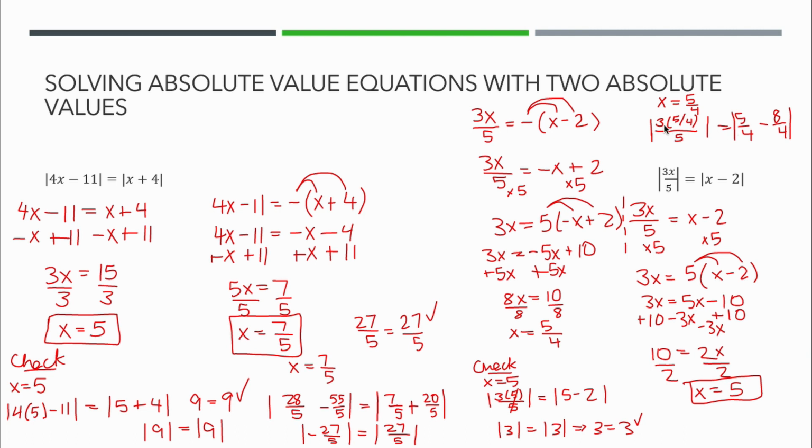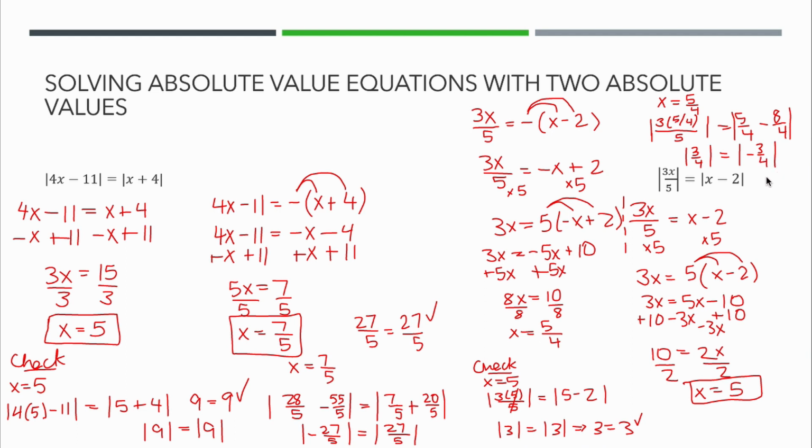So this becomes 15 over 4 divided by 5, which is 3/4, is equal to, so absolute value of 3/4 is equal to the absolute value of 5/4 minus 8/4, which is negative 3/4.